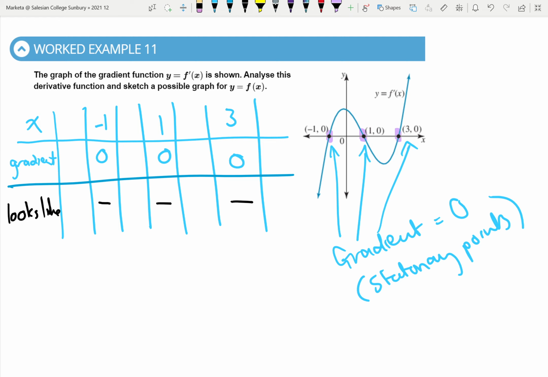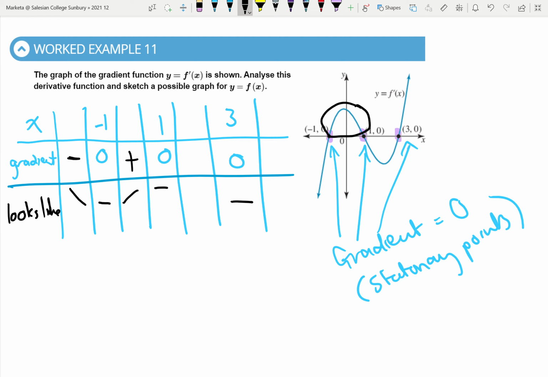This is a graph of the gradient function, so this is a negative gradient here. So it's going to be like this, and then between -1 and 1, this part is above the x-axis, so the gradient is positive. So that means it's going to look like this, walking up the hill.